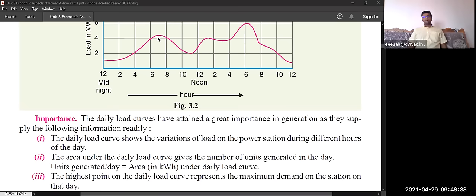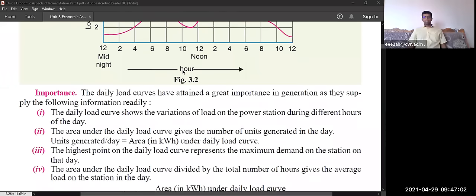Some losses might be there, but more or less, if you subtract losses of 15 percent, you can easily analyze what the generation is on that particular day. So generation is nothing but the demand, no? Whatever is generated is consumed by the load, approximately equal to demand plus some losses. Losses of 15 or 18 percent they will add.